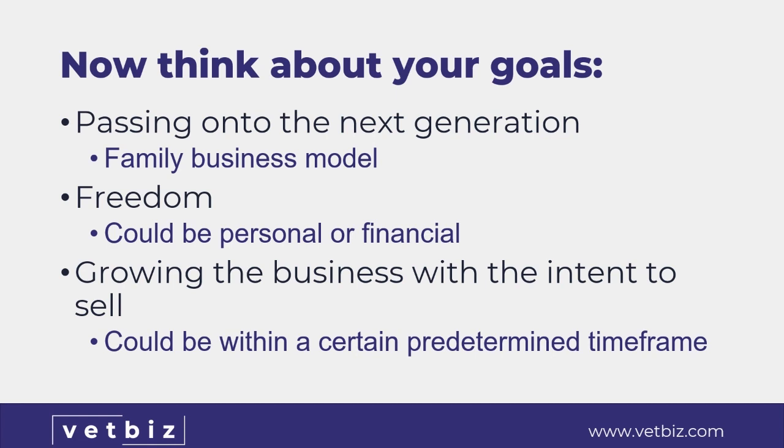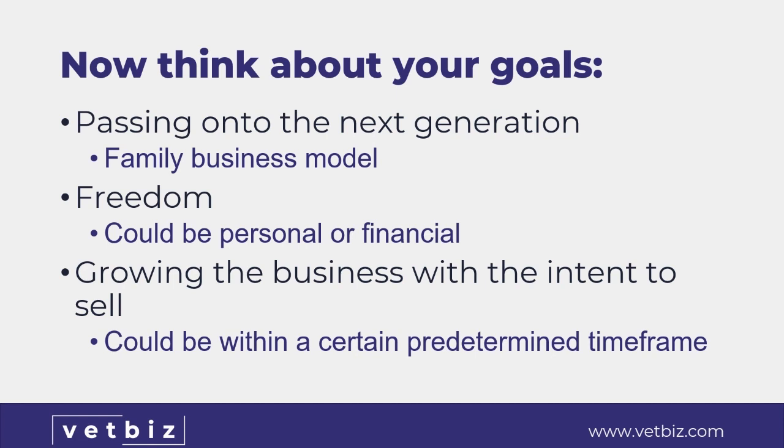That's a common answer. Growing the business with the intent to sell. For example, we had a gentleman come through our services at VetBiz, and he started a business with a very clear goal from the very beginning that he wanted to grow that business for 5 to 7 years max. That was his time frame.